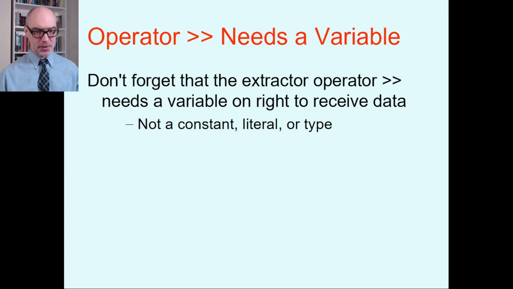It can't be a constant. It can't be a literal. It can't be a string. It can't be a type like int or float. None of those things make sense. You actually have to have a variable that you declared earlier to receive the data. If you forget to do that, or you put one of these other things that can't actually change to receive data, you'll get this error here that says operator extractor needs a variable. So think about what variable did you really intend to use there.